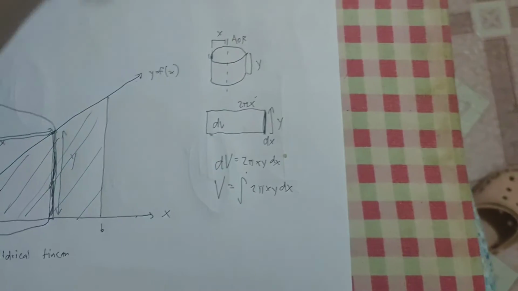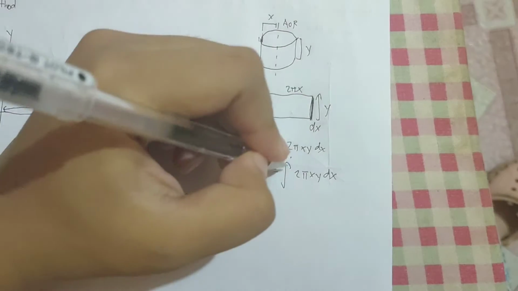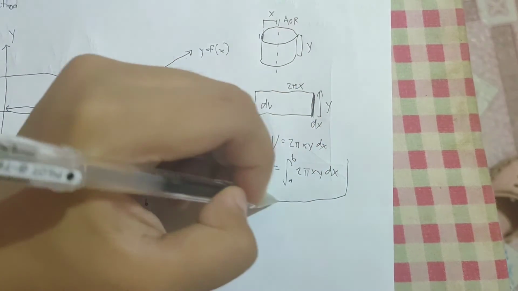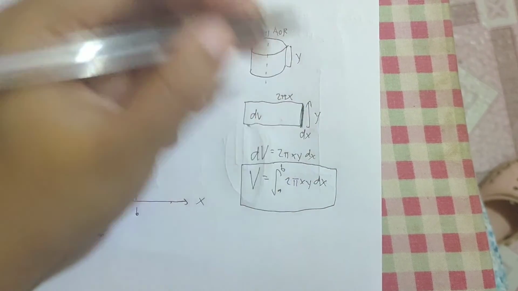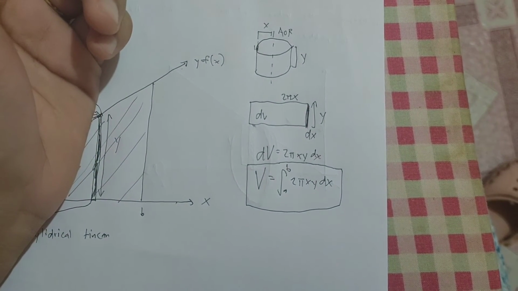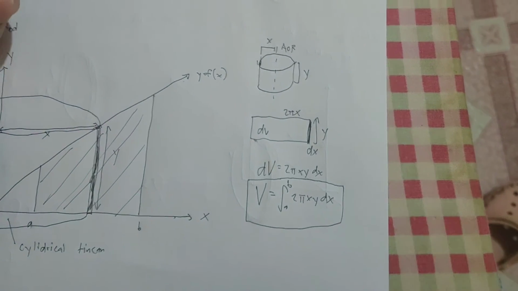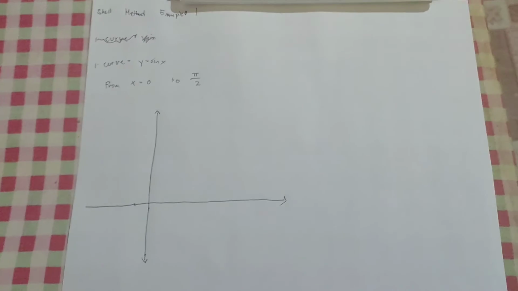Limits from, is there any limits on shell method? I think yes, a to b. And this will be our formula.